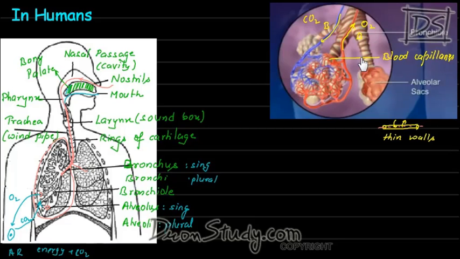So generally, in biology, students, the blood that contains a lot of oxygen is represented with red, and the blood that contains a lot of carbon dioxide is represented with blue. It's not that the blood seems blue. Blood is always red. Yes, it is true that oxygen-rich blood will seem brighter and carbon dioxide-rich blood will look a little bit dull, dark. It doesn't look blue, but still in biology it is represented in blue so that it is easier to understand.